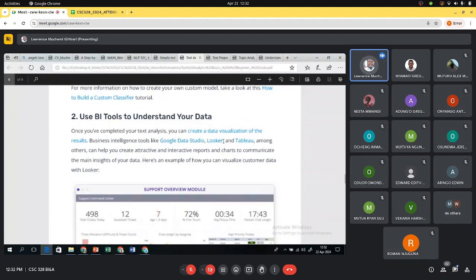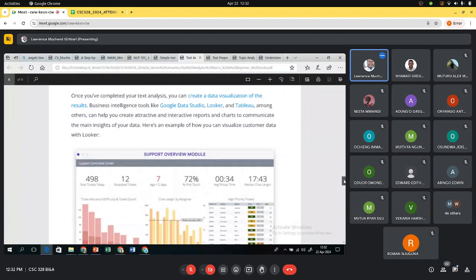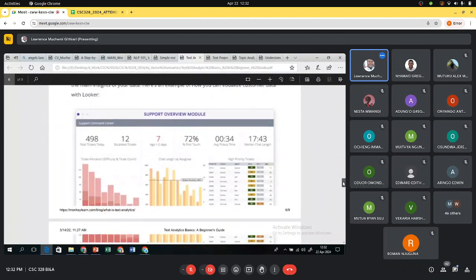Another is called Looker, and Tableau. Among others, you have Power BI. These can help you create attractive and interactive reports and charts to communicate the main insights of your data. And so these are like a Power BI thing, so it's nothing new here.